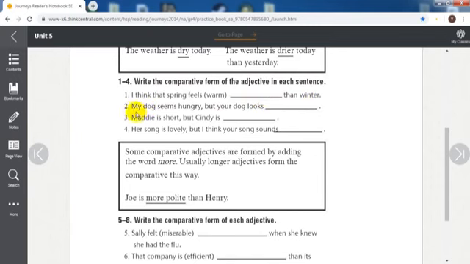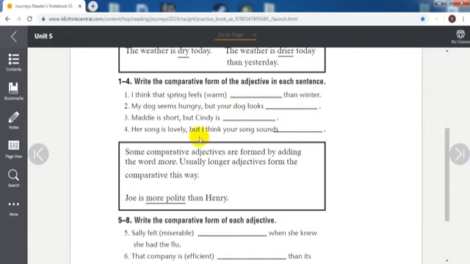Number 2. My dog seems hungry, but your dog looks what? You want to say more hungry or hungrier, right? We're going to change the y to an i and then add the er. Number 3. Maddie is short, but Cindy is, yep, shorter.